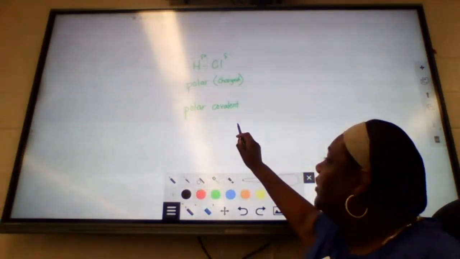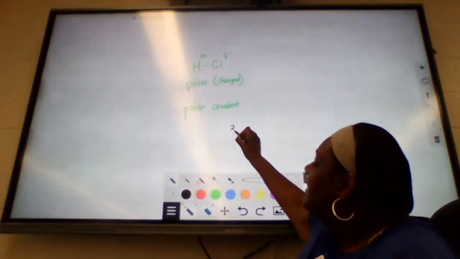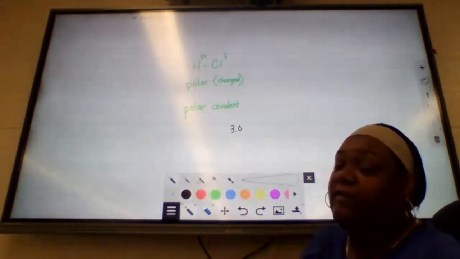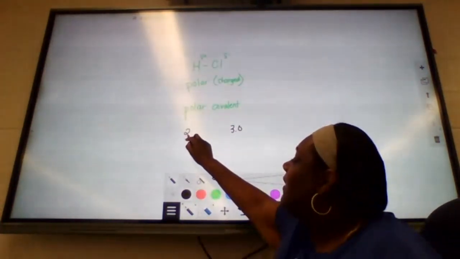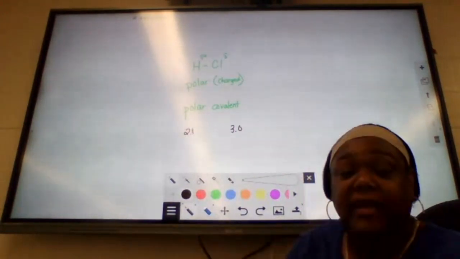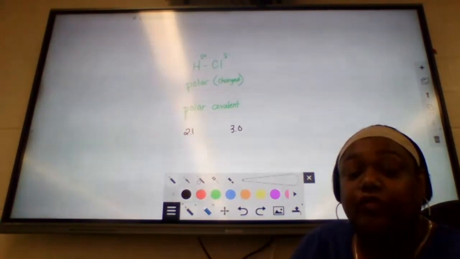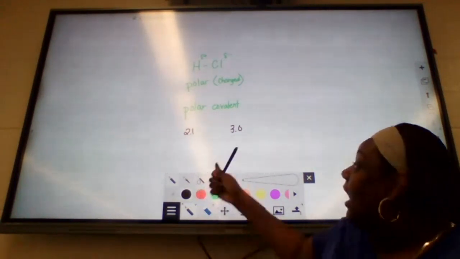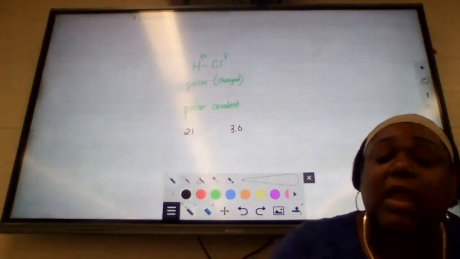If I look at the electronegativities of hydrogen and chlorine, for chlorine the electronegativity is 3.0. For hydrogen, the electronegativity is 2.1. So the one that gets the partial negative is the one that has the higher electronegativity value.